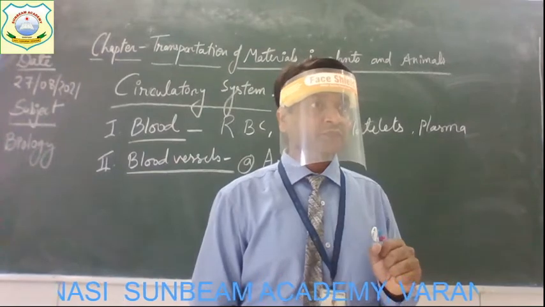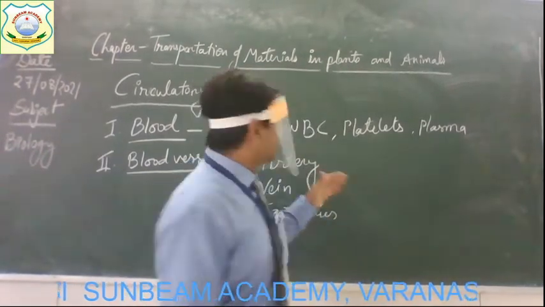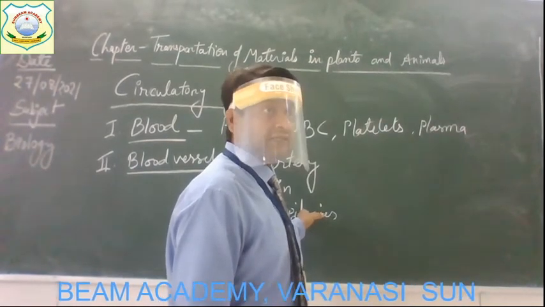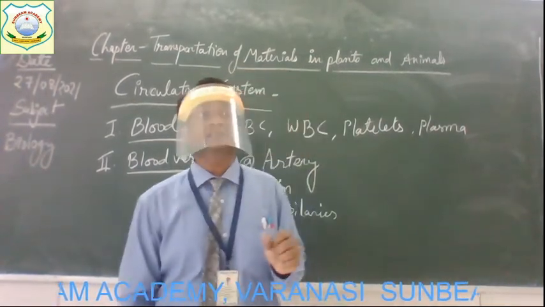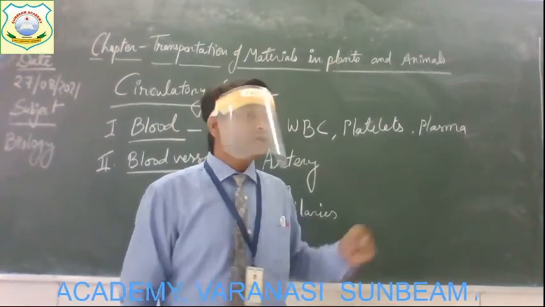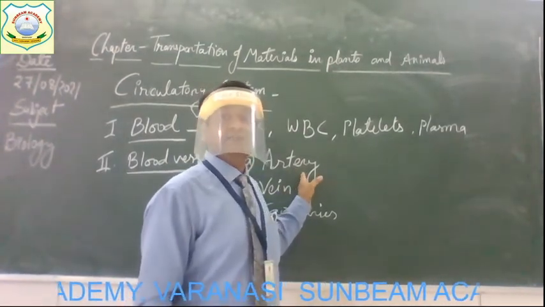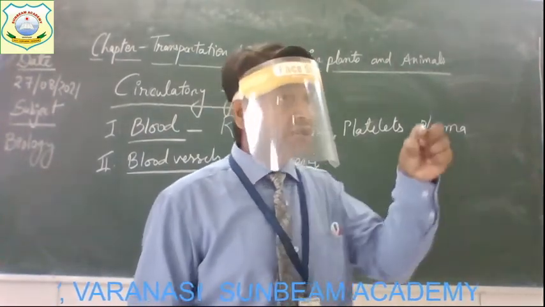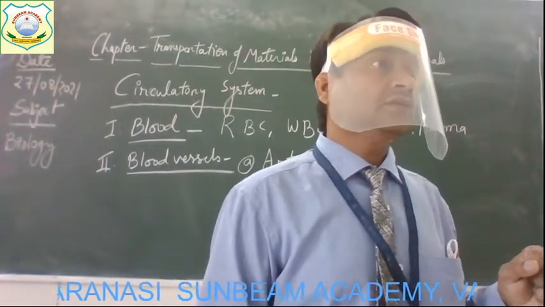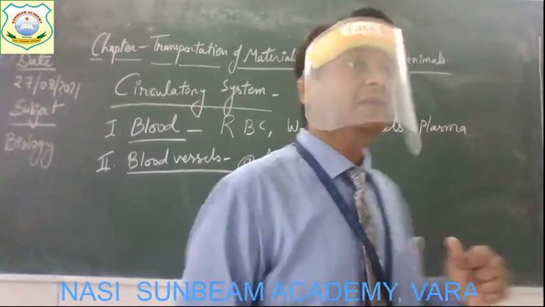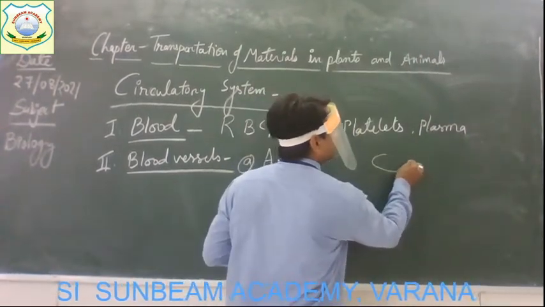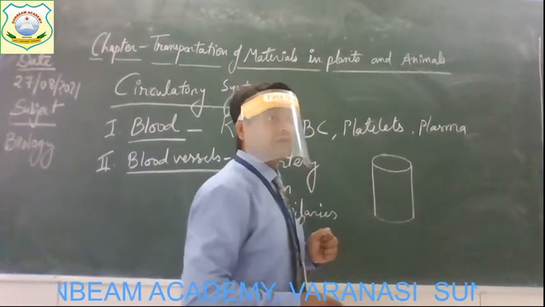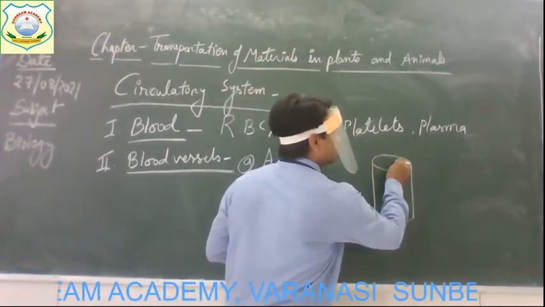Alright, children? Now, you must know the functions of these three kinds of blood vessels and their properties, characteristics also. So, arteries are the blood vessels which have a thick wall. How do they have the wall? Suppose this is the portion of artery. So the wall is thick.